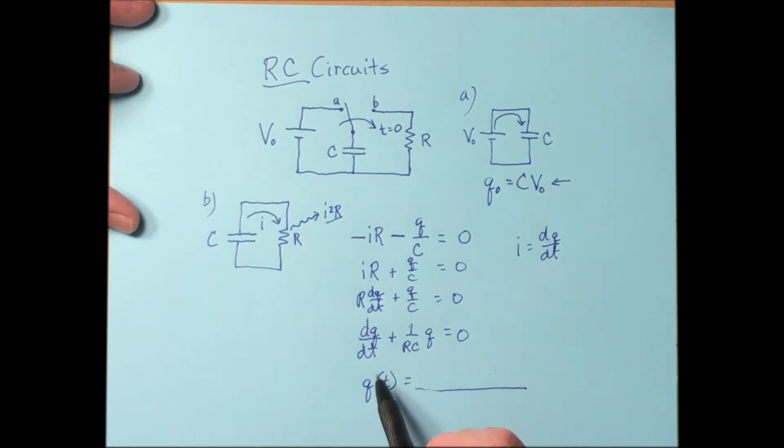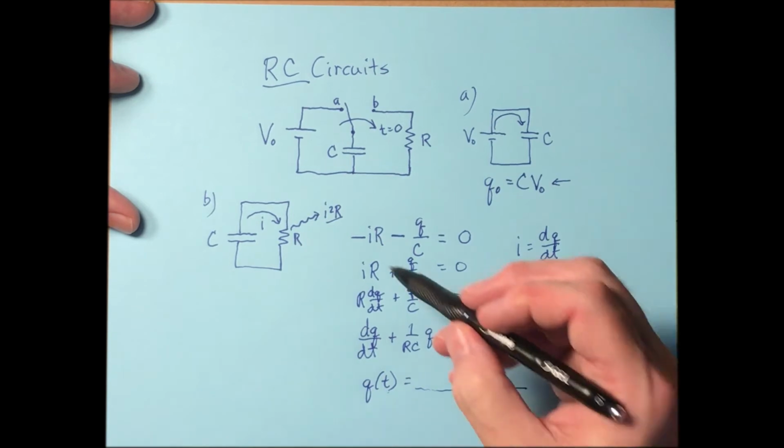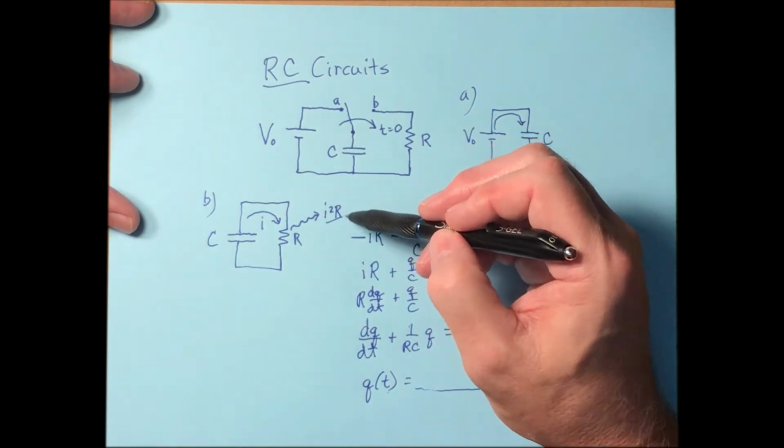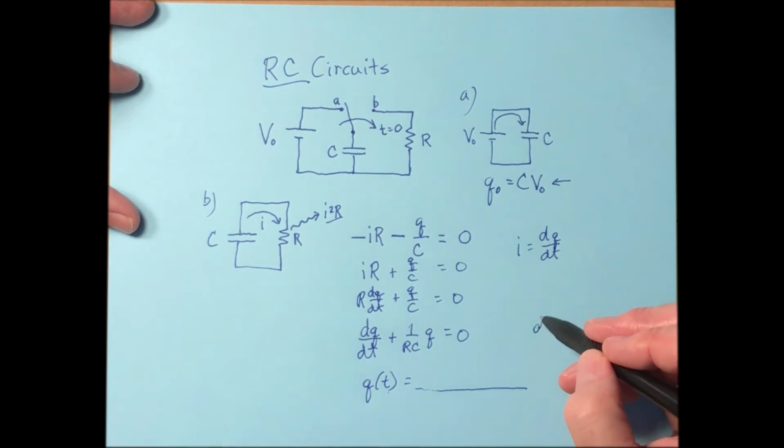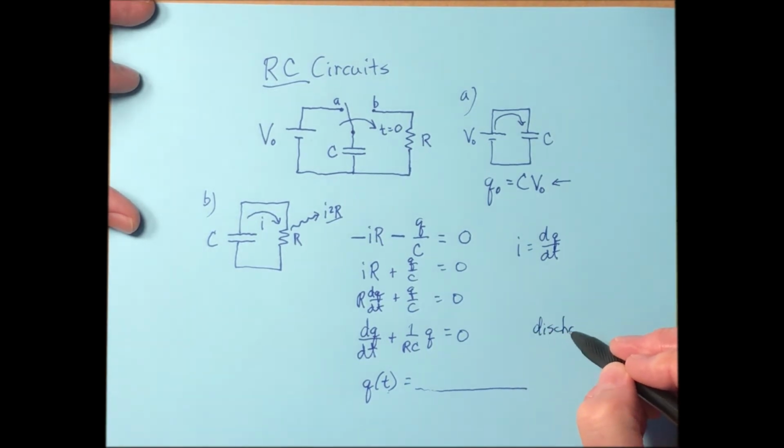Because you expect the charge, Q is the charge across the capacitor, you expect that to change over time as the energy is being dissipated away through the resistor. And that's what we will discover here. When we solve this, we will get this function here. This is the discharging behavior, or the discharging equation here.